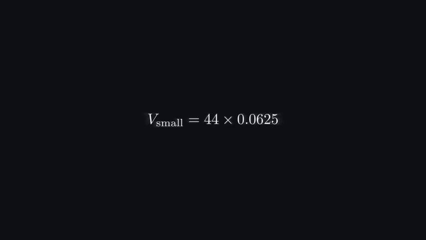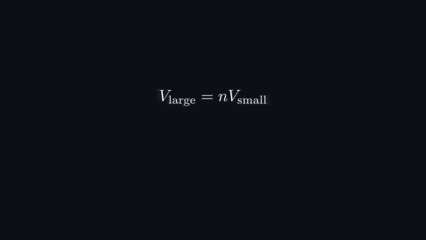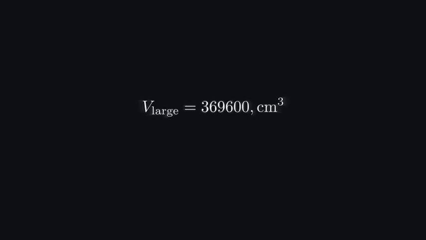Continue the aligned calculation. V large equals N V small, so N equals V large over V small. V large equals 369,600 cm cubed.